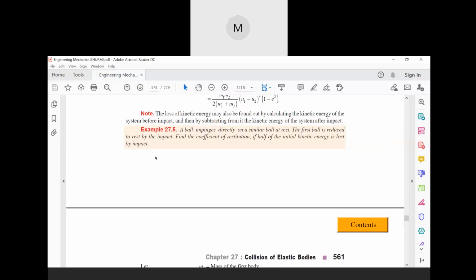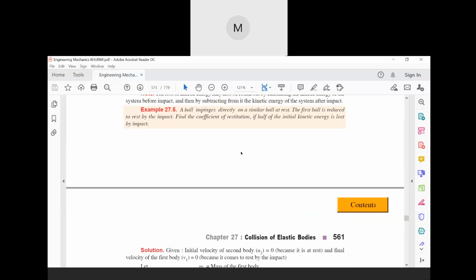Because the second ball is at rest, the initial velocity of the second body, u2, will be 0. And after the impact, the first ball is reduced to rest, that means v1 will be 0. First of all, from the question, the most important thing is to figure out which one will reduce to 0.